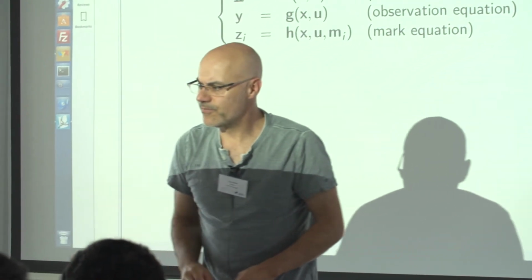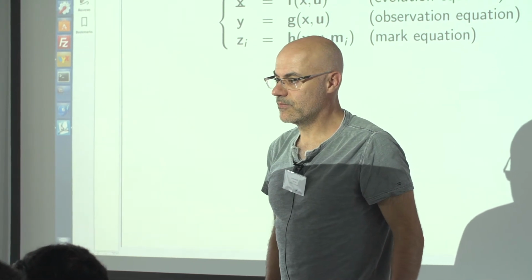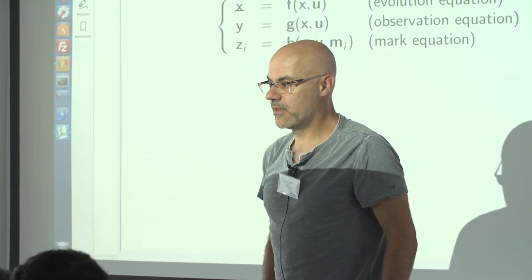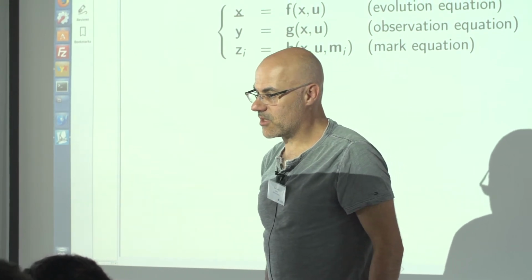So then the evolution equation, that relates the current position to the previous position? Yes. So it's like how each time step relates. And is that deterministic? Is there just disturbances or anything? Yes, there are some disturbances.